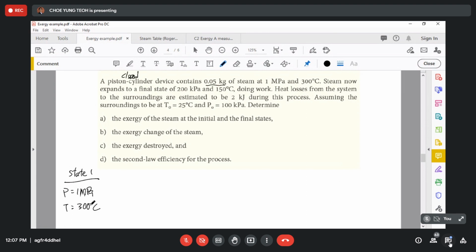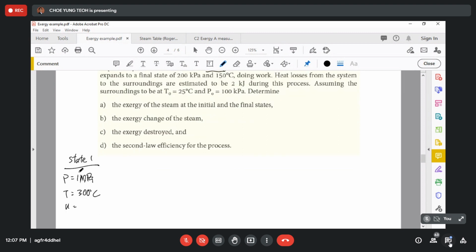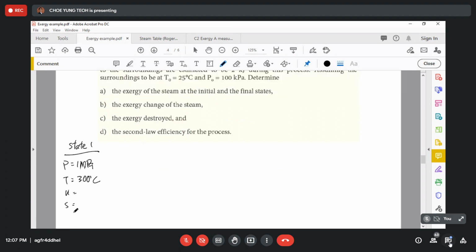What else do you need? Do you need enthalpy? No need because it's a closed system, but I need the internal energy. I don't know it yet. I also need the entropy, and another one is the specific volume because I need to calculate the work done to the surroundings. Then state 2, same thing.